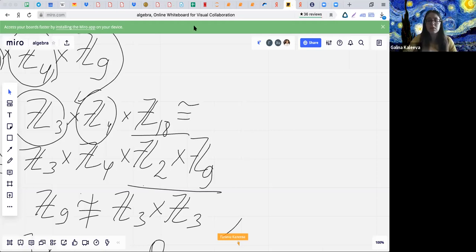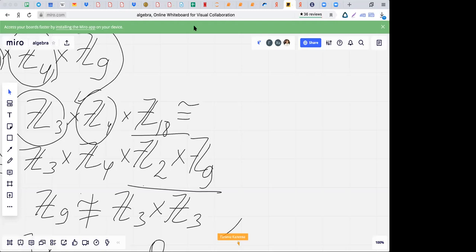Any other questions? Is it possible that a decomposition containing, for example, Z2 and Z4 is isomorphic to Z8?